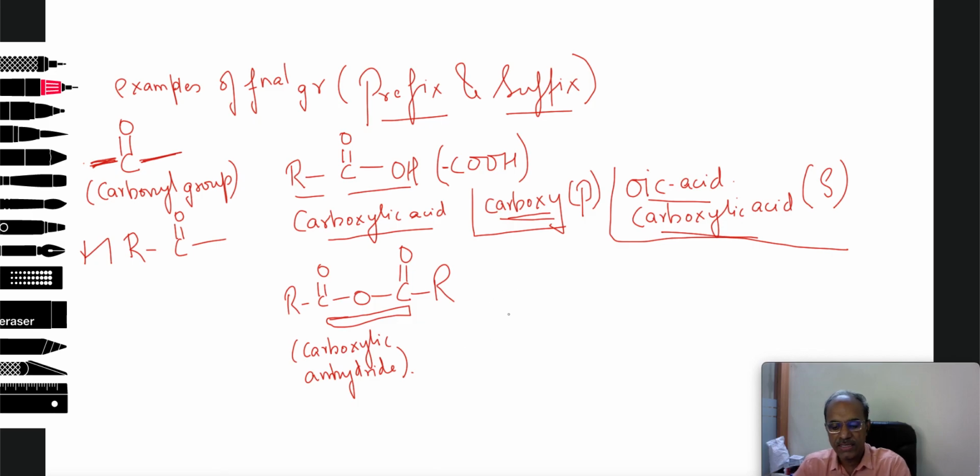Now, it has no prefix. There is no prefix for carboxylic anhydride, and the suffix happens to be oic anhydride.